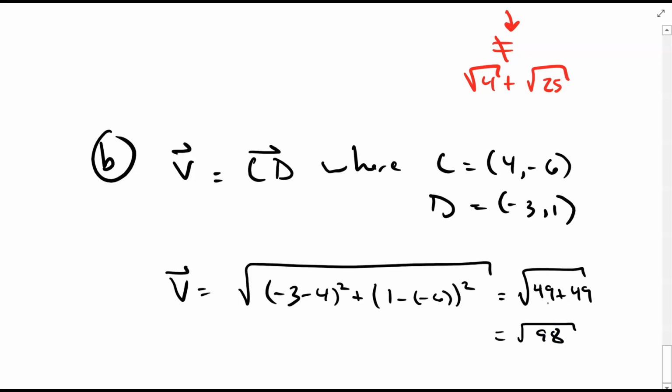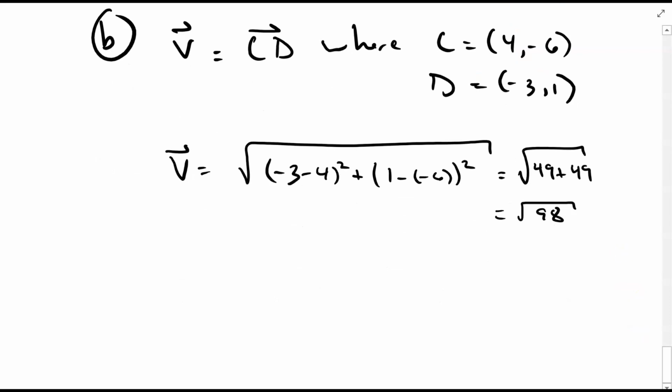When I add those together, I get the square root of 98. Now, 98 is an even number, so immediately I know that it's not prime. So this potentially could get cleaned up a little bit. Might be able to simplify this a little bit more.